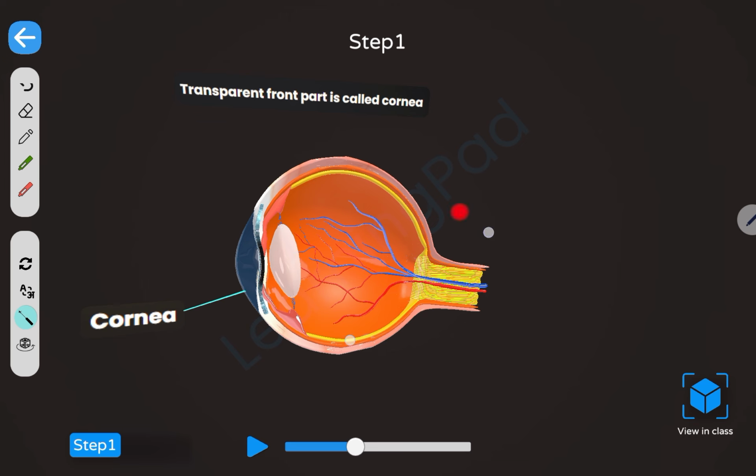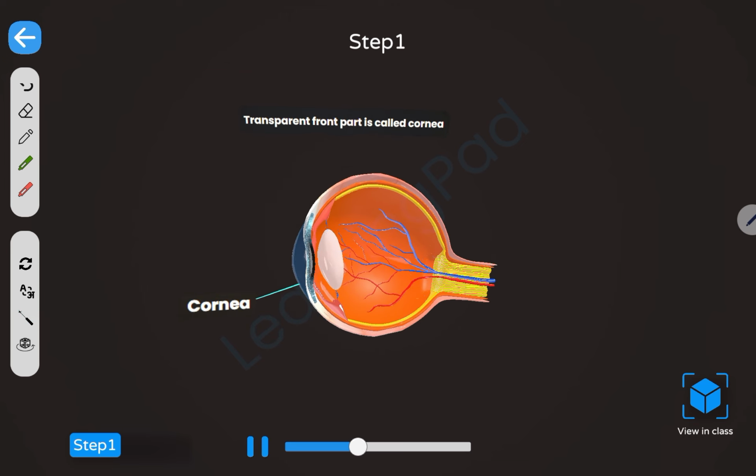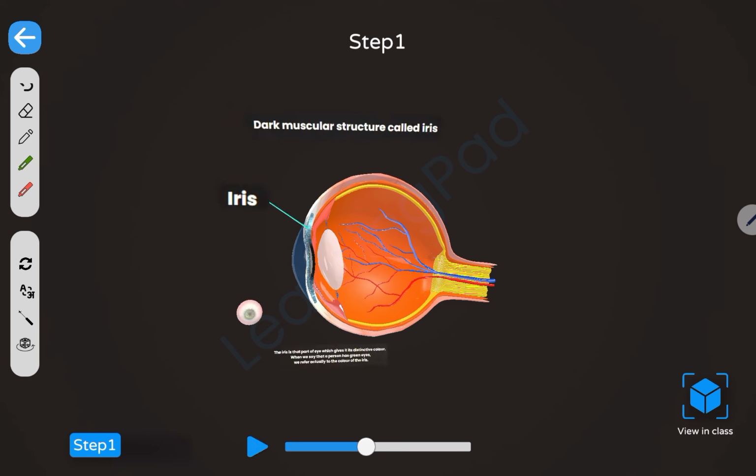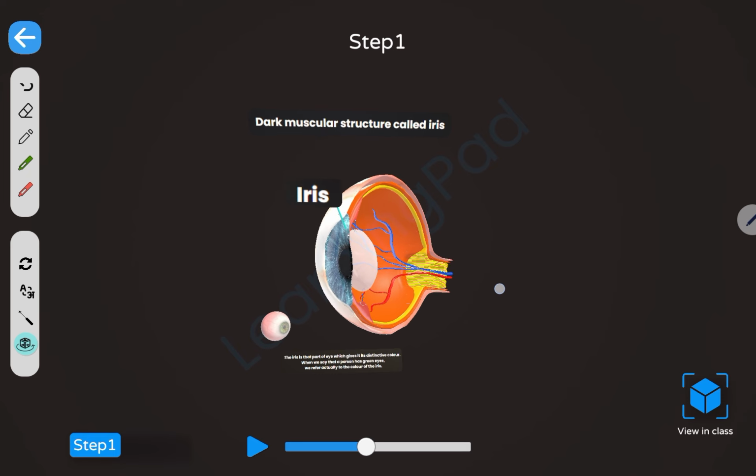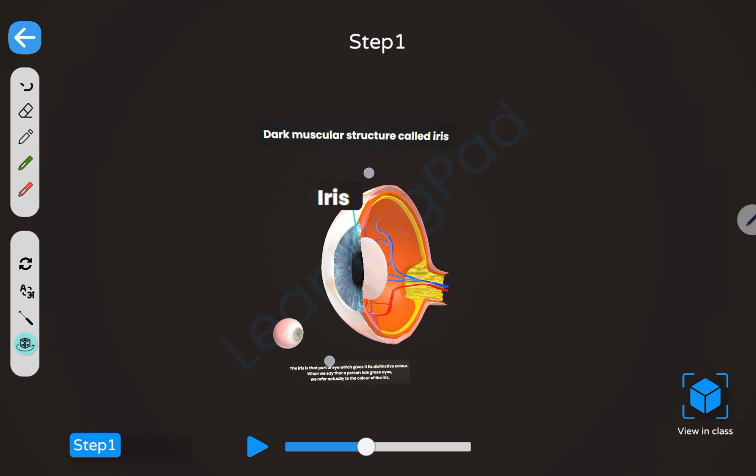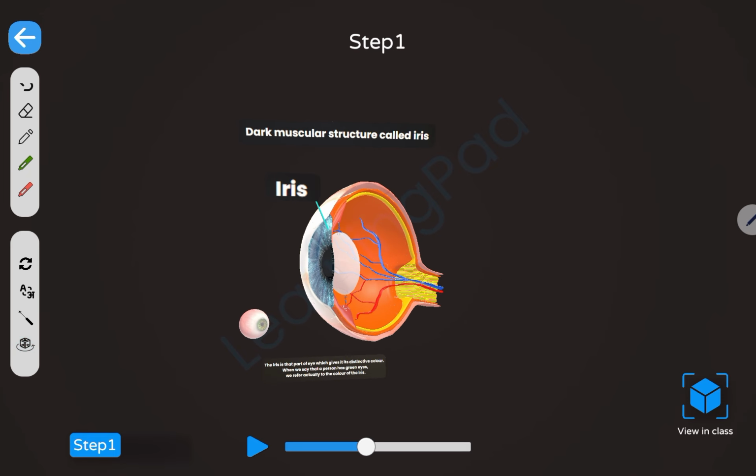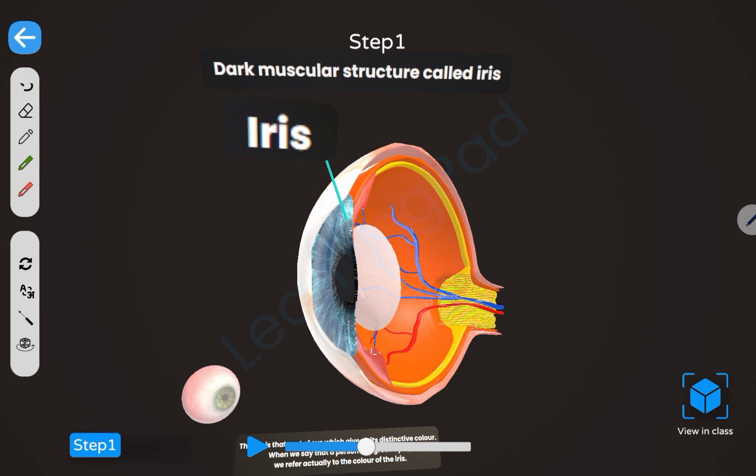Now behind the cornea there is a structure called the iris. As we can see, behind the cornea there is a structure called the iris.